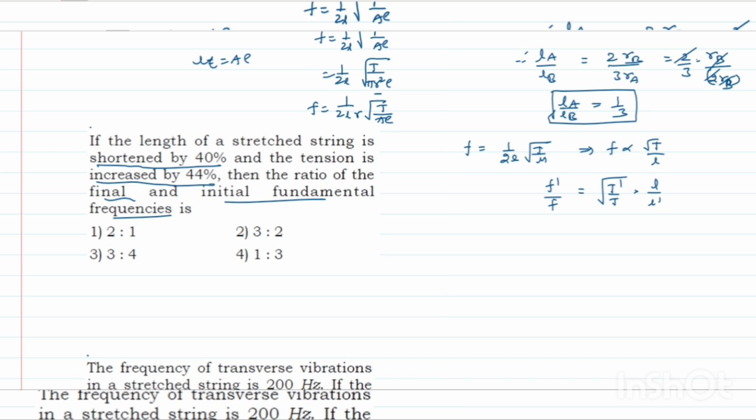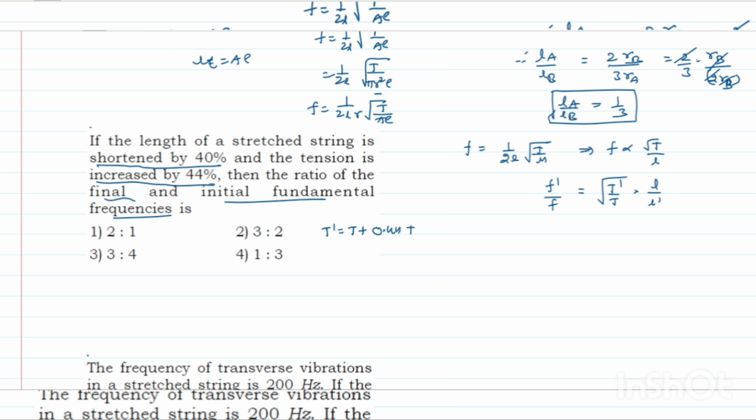first we talk about the T dash value. T dash will be equal to T plus 0.44 times, since it is increased by 44%.